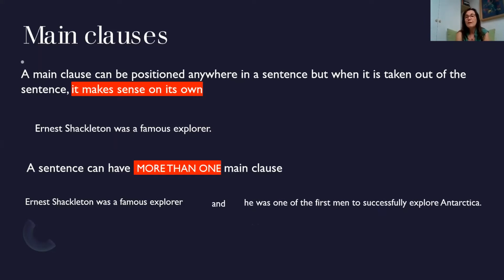He was one of the first men to successfully explore Antarctica. Both of those are main clauses because they make sense on their own, and they've been joined with the conjunction 'and', like the joining piece in the Mobilo model.